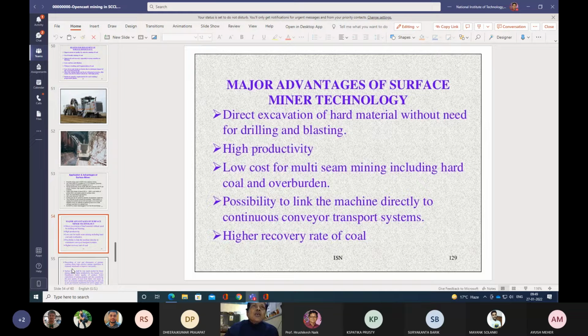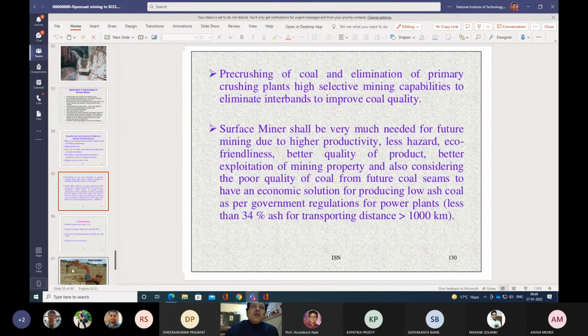Then your surface miner technology also advantageous because the materials are not required to be crushed. So pre-crushing of coal and elimination of primary crushing plants, high selective mining capabilities to eliminate interbands to improve the coal quality.